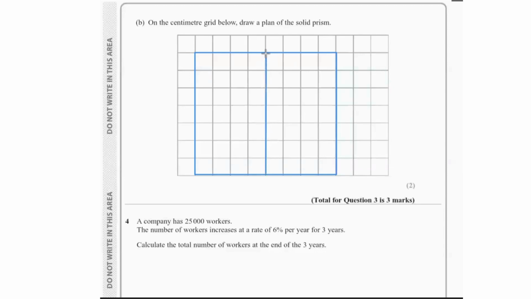And then we have this line over here. So this distance is 4, this distance is 4, this is 4, this is 4, and this is 7. This is going to be your view of the plan of the solid prism from the top.